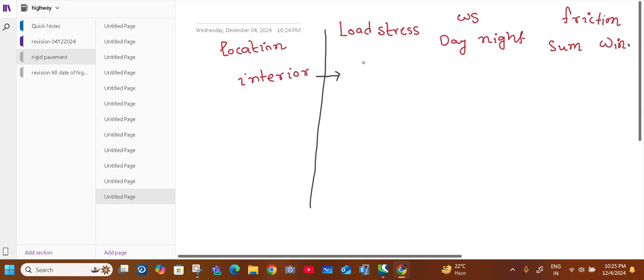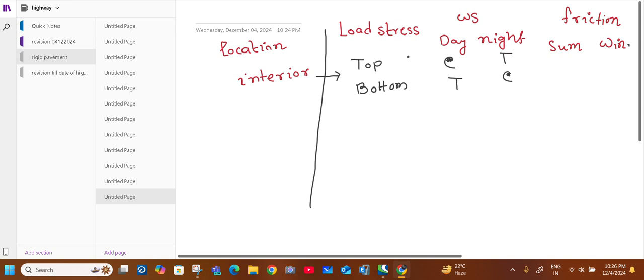So at the interior, the top and bottom. At the daytime, the top portion is in compression and bottom portion is tension. And at the night time, top portion is tension, bottom portion is compression.